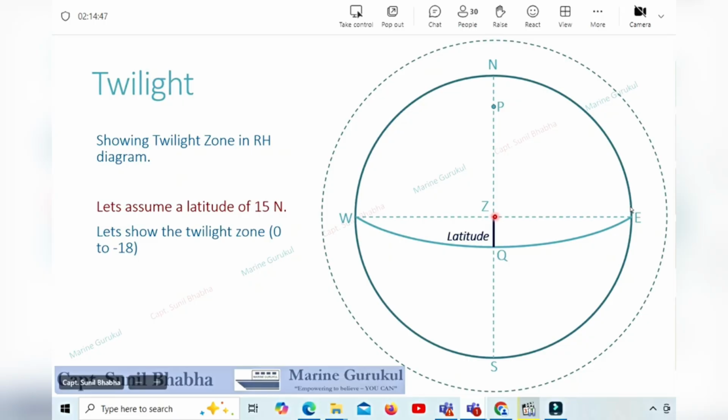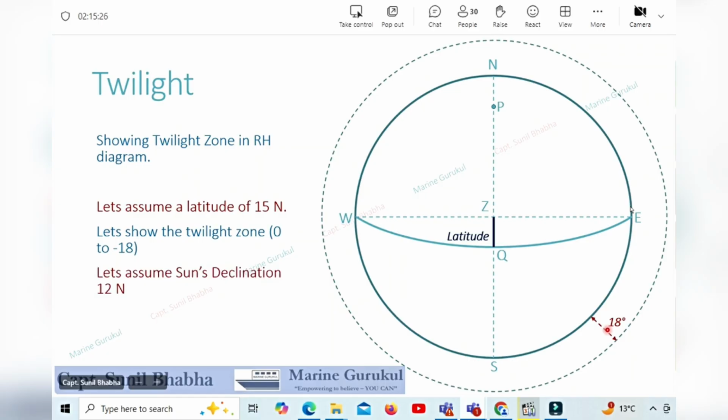So you can now easily visualize that zenith represents 90 degree altitude. As you go towards the horizon, the altitude decreases: 80, 70, 60, 50, 40, 30, 20, 10. At the rational horizon, it is 0 degrees. And when you go beyond the rational horizon, the altitude goes into the negative zone. The width of this particular band is 18 degrees, because the twilight zone remains till the time the sun has gone 18 degrees below the horizon.